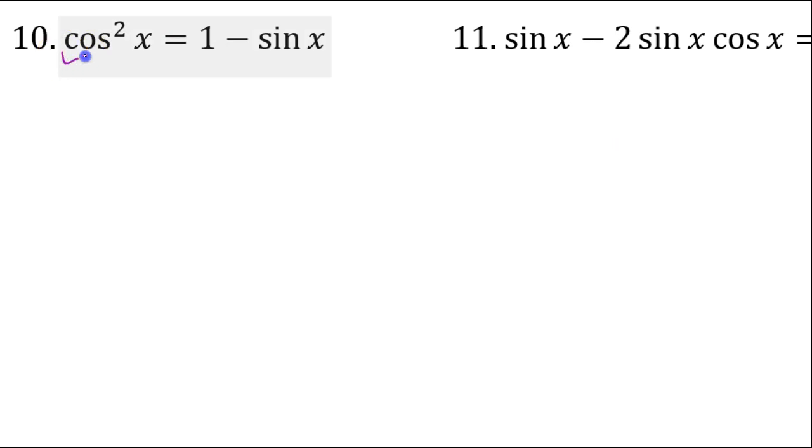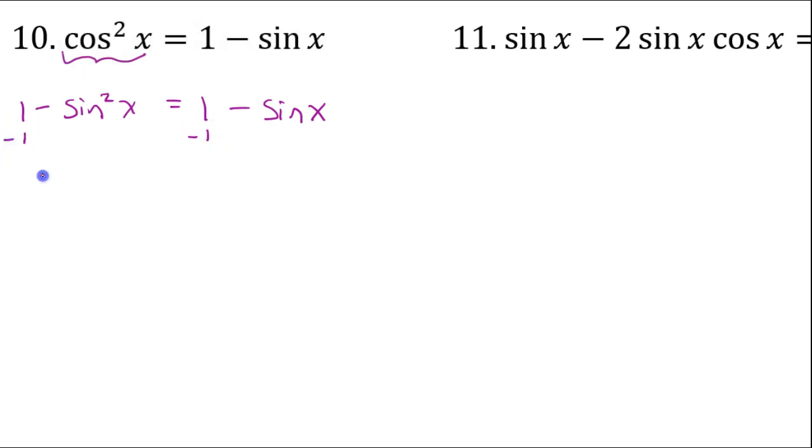So I'm going to take this cosine squared and replace it with 1 minus sine squared. Notice that this one is not squared. So now I'm going to get 0 on one side and see what happens. For starters, I will subtract 1 from both sides.